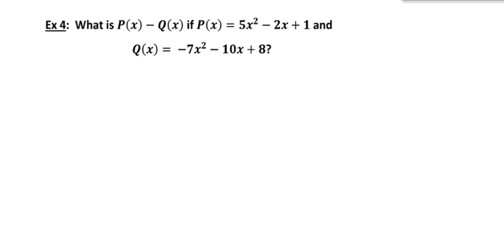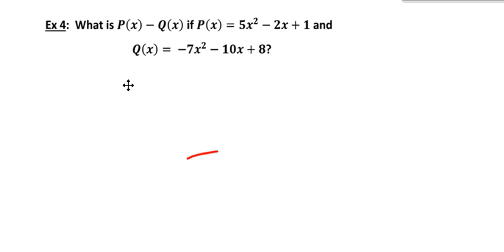Ooh, and when I look at this last one, it looks really scary, really tricky. It says, what is p of x minus q of x if p of x is equal to 5x squared minus 2x plus 1, and q of x is equal to negative 7x squared minus 10x plus 8.